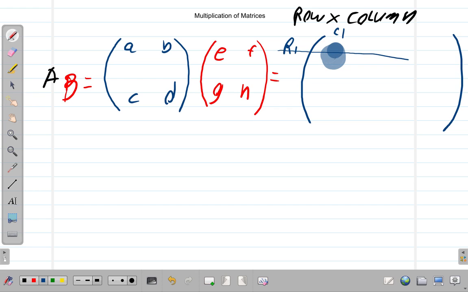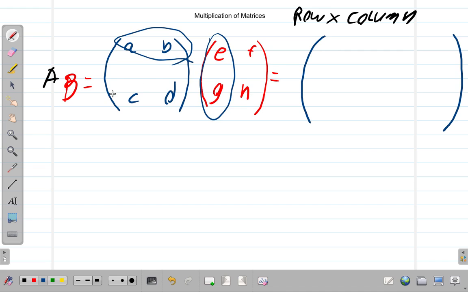Row 1 is across the top, column 1 is down the left. So you want the number that will go there. You must multiply, therefore, since you want the element that will be in row 1, column 1, row 1 by column 1. Row 1 of A by column 1 of B.